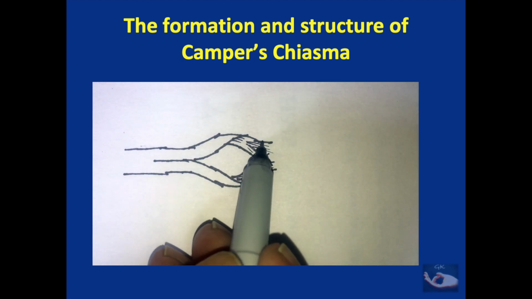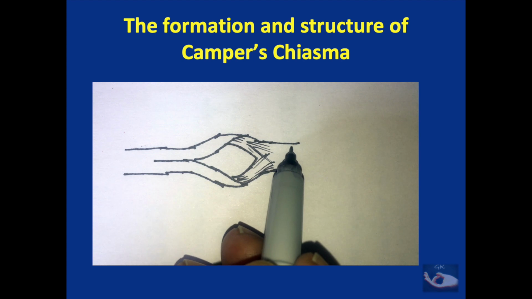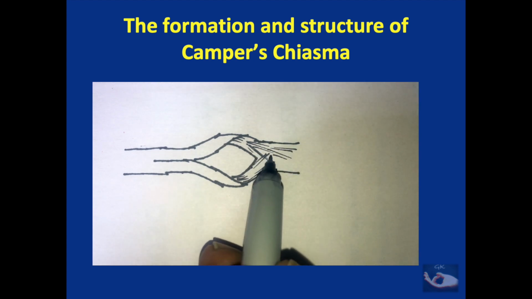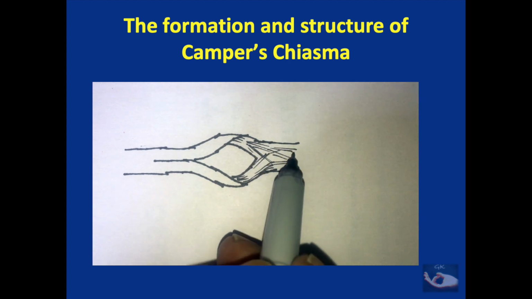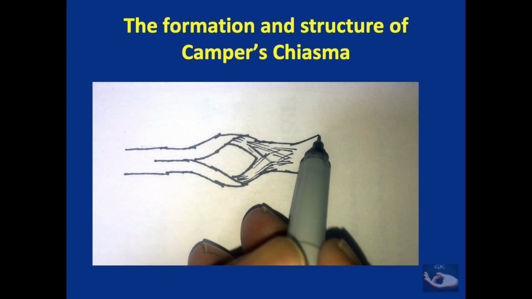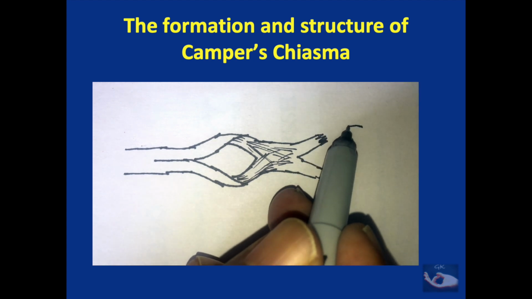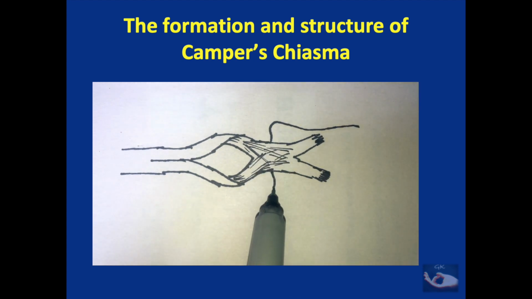The 2 slips join together and this forms the Camper's chiasma. There is a decussation of fibers at this level. Then this chiasma splits into 2 slips again, which gain insertion into the base of the middle phalanx.